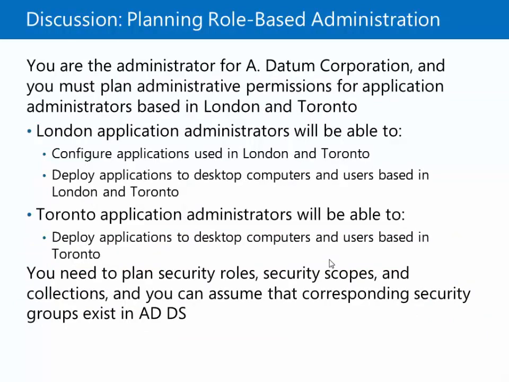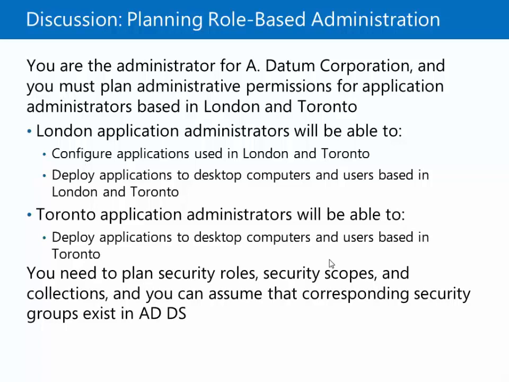See, you have one discussion question. You are the administrator for A. Datum Corporation and must plan administrative permissions for application administrators based in London and Toronto. The London application administrator will be able to configure applications used in London and Toronto, and deploy applications to desktop computers and users based in London and Toronto.